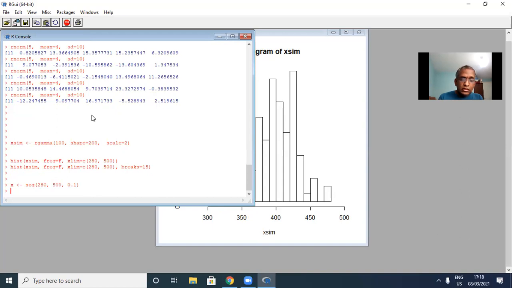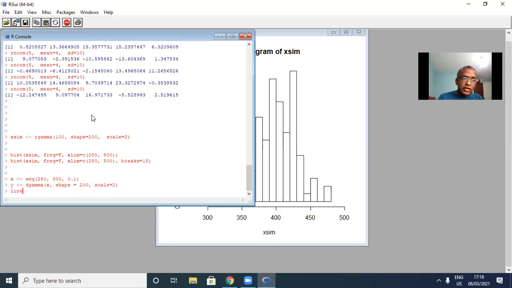Then Y is the density of the gamma at X with shape parameter equal to 200 and scale parameter equal to 2. And then I would say lines X comma Y with line type equal to 1.